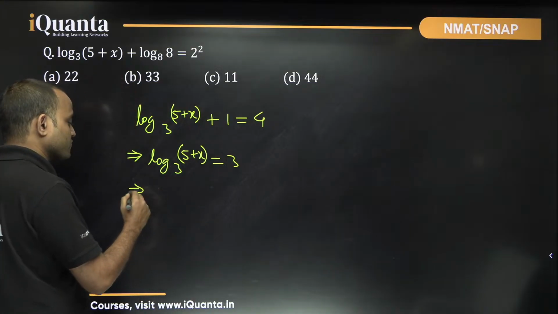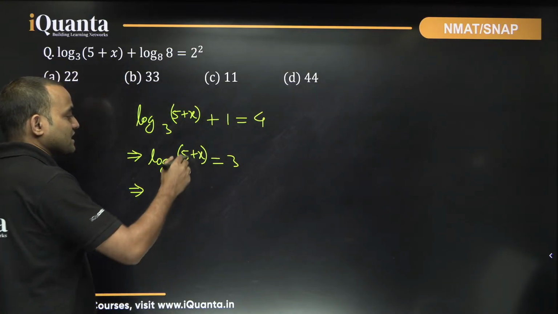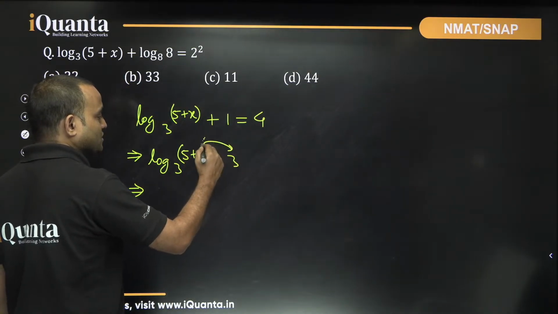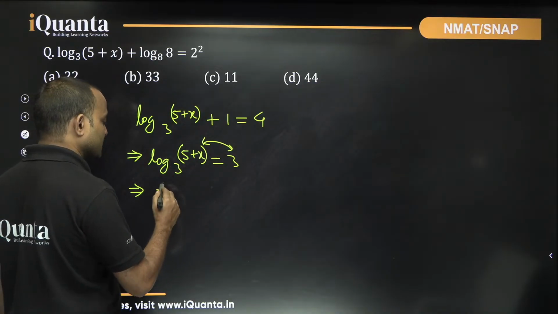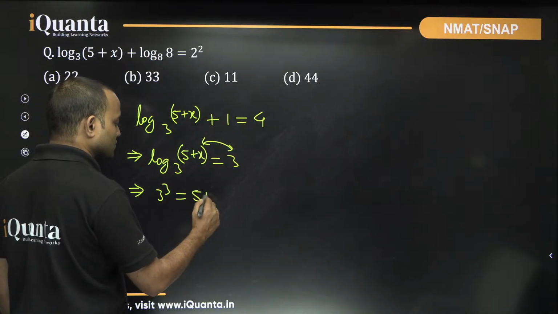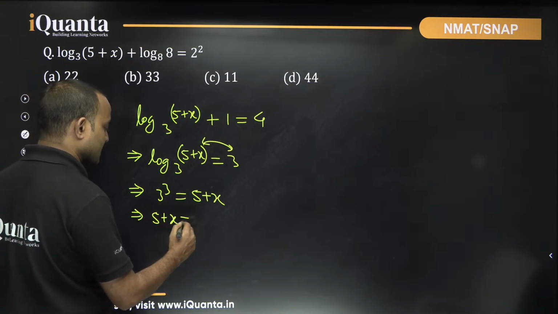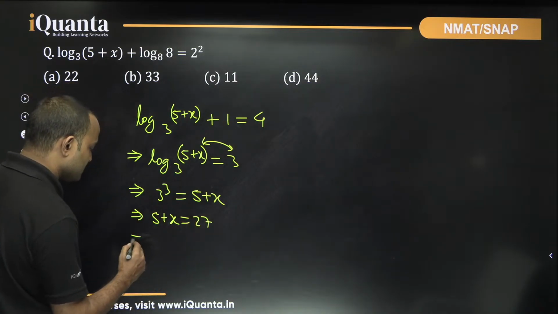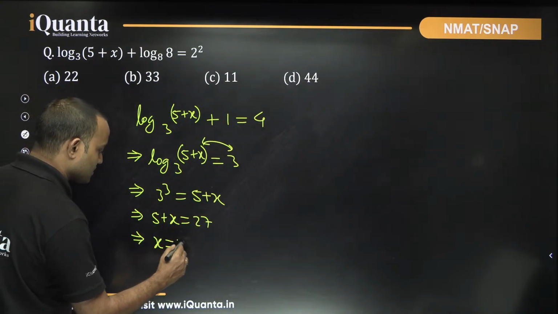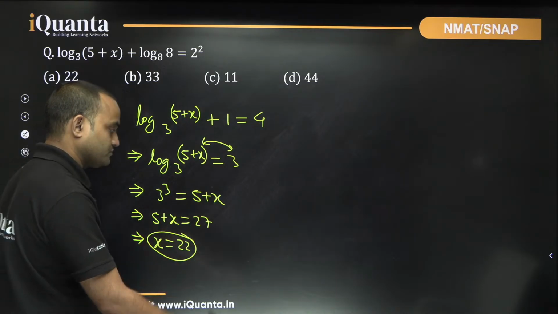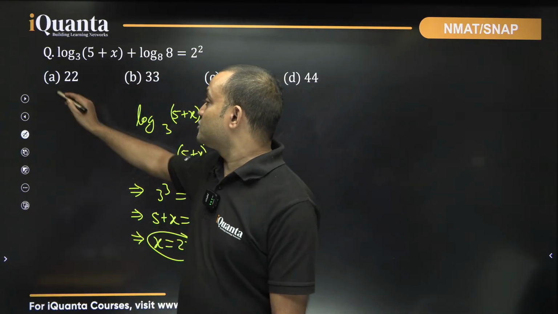Now the easiest way to remove the log is to exchange these two positions. Don't think much. So 3 to the power 3 will be equal to 5 plus x, or 5 plus x is equal to 27, or x is equal to 22. So our answer is option A.